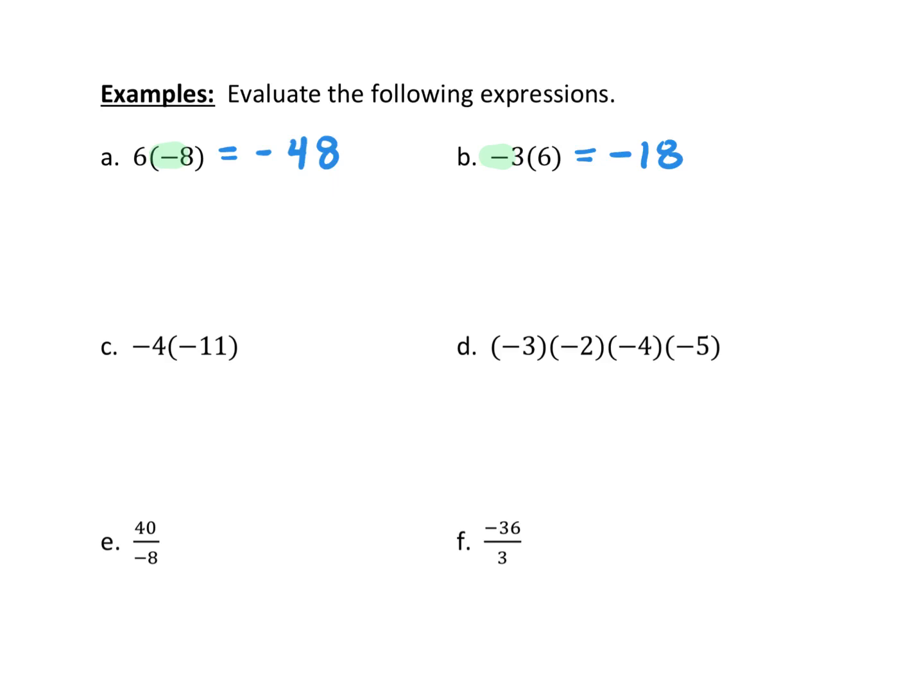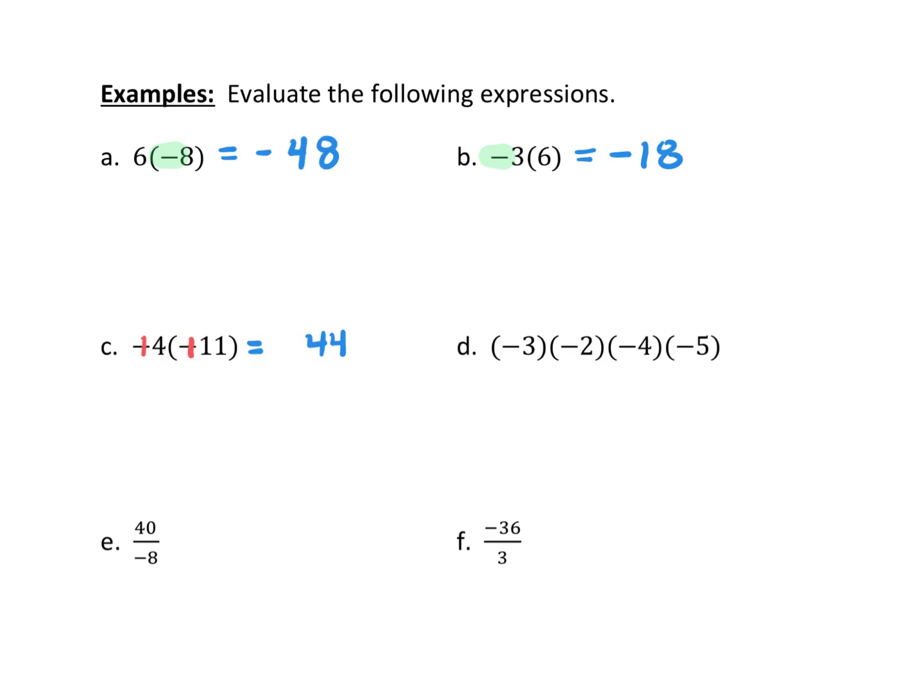All right, for example C, again we are going to start by multiplying our numbers. We get 4 times 11 is 44, and here we have 2 negatives. And just like when we talked about subtracting a negative, if you have a negative times a negative, you can go ahead and cancel those 2 negatives out.